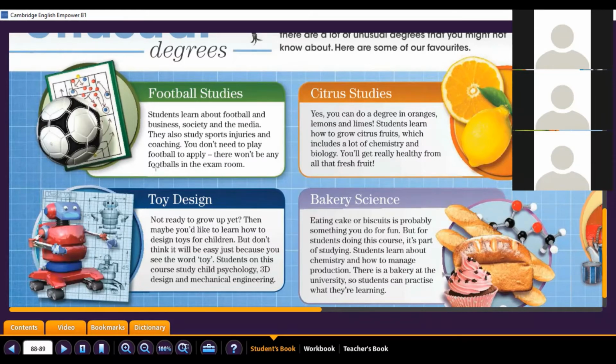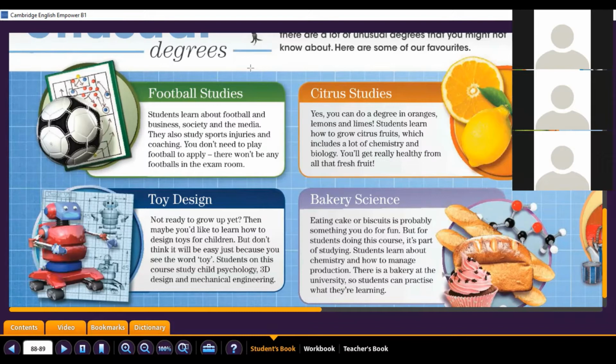Not ready to grow up yet. And then maybe you'd like to learn how to design toys for children, but don't think it will be easy just because you see the word toy. Students on this course study child psychology, 3D design, and mechanical engineering.